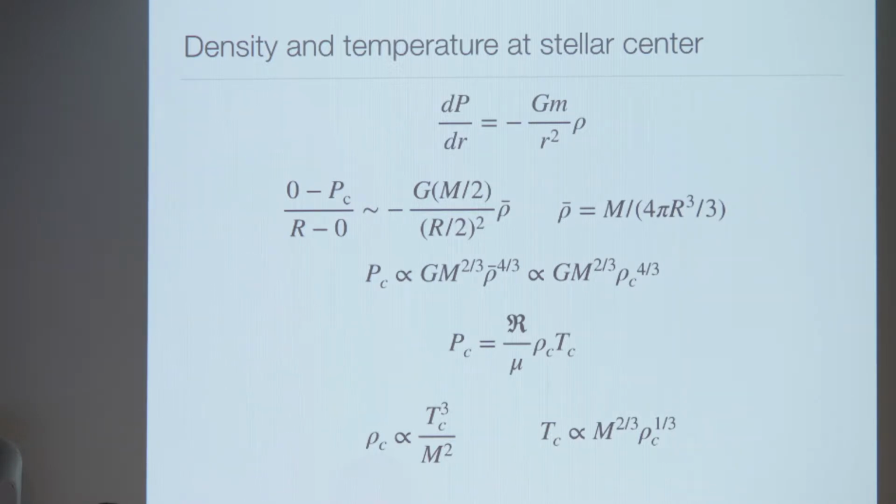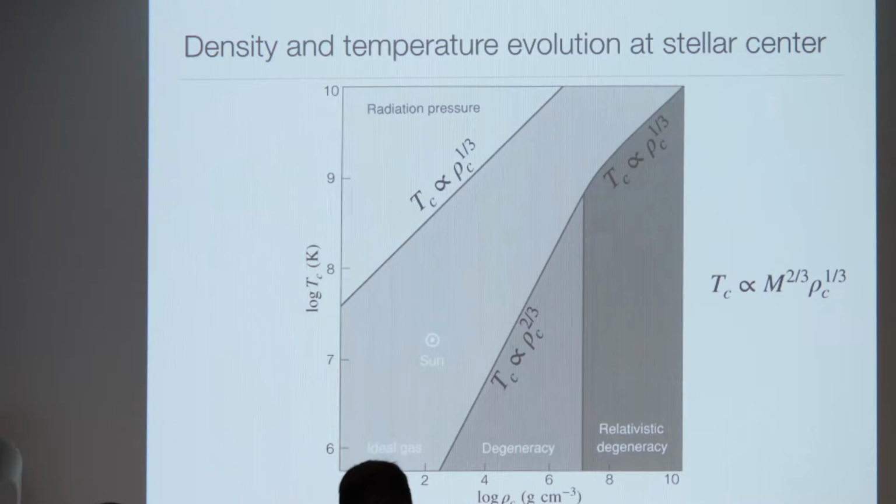Let's get back to the same diagram. This is the central density of a star, and this is the central temperature of a star.